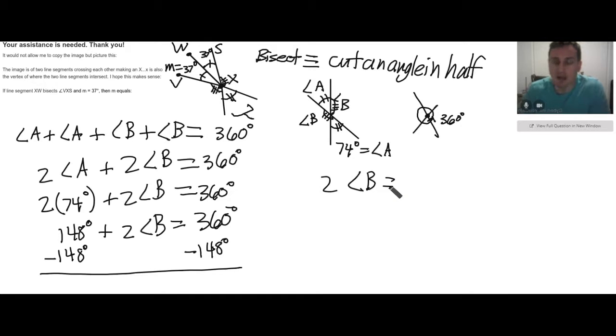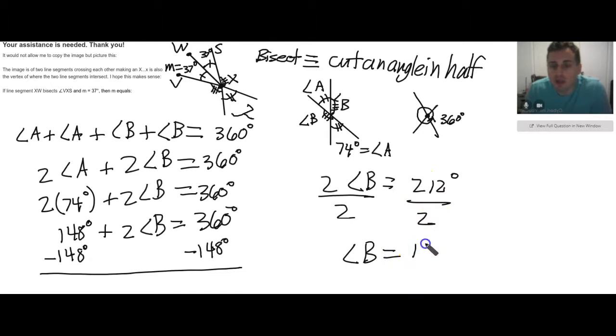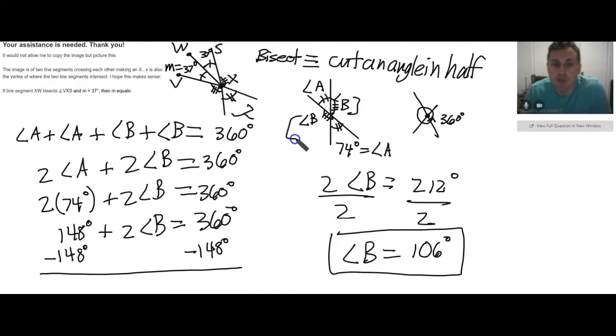I'm doing that in my calculator. I get 212 degrees, so you should check that. And then finally, if we knew what angle B was, we'd multiply by 2, so instead we're going to divide by 2. And if we divide by 2, angle B should be 106 degrees. So that's this angle measure right here, and right here is 106 degrees.